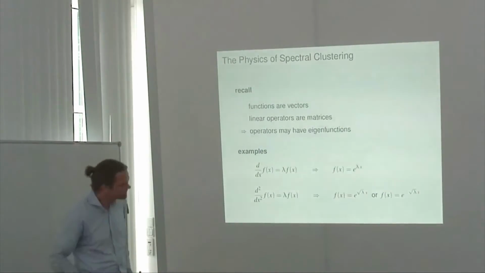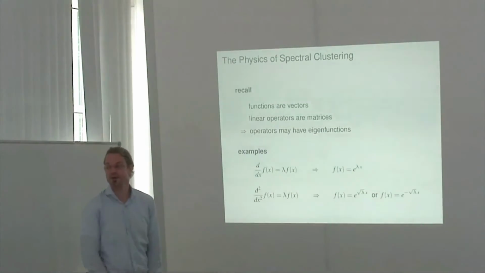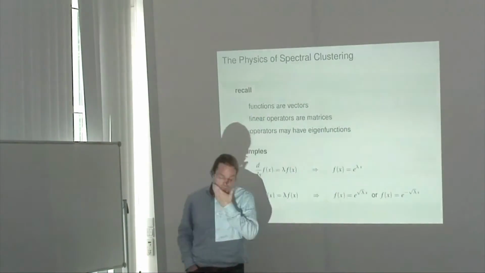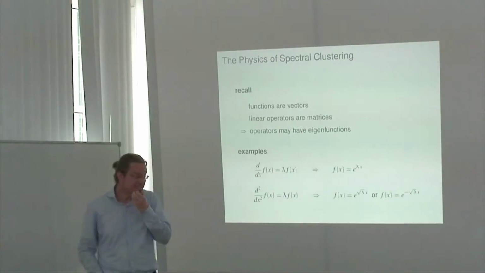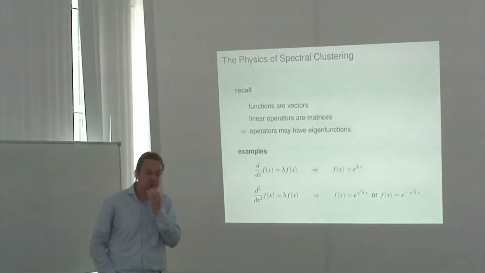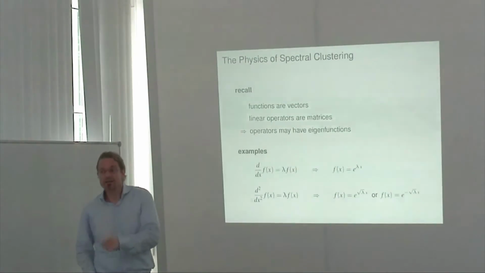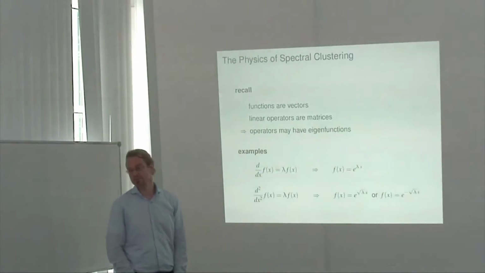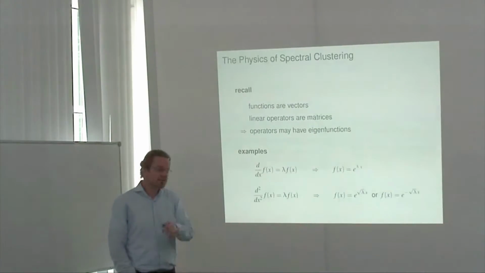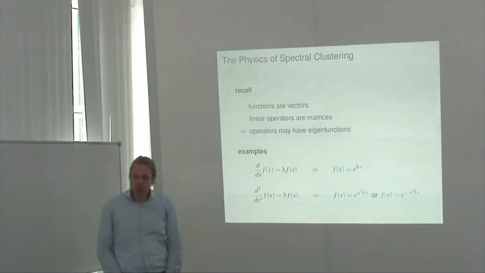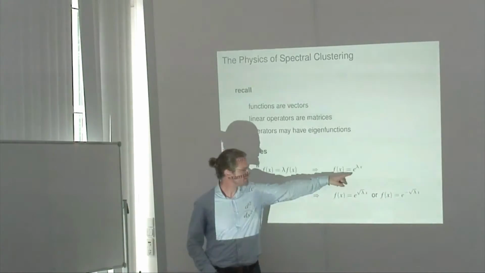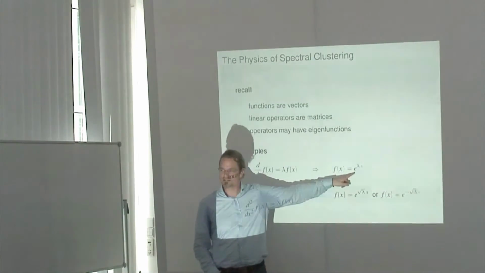Yes, there we go. Actually, there are two solutions this time. These e to the square root of lambda times x and e to the minus square root lambda times x are eigenfunctions of the second derivative. And just looking at these two rather simple examples, you now understand why this function here is so utterly special in mathematics.